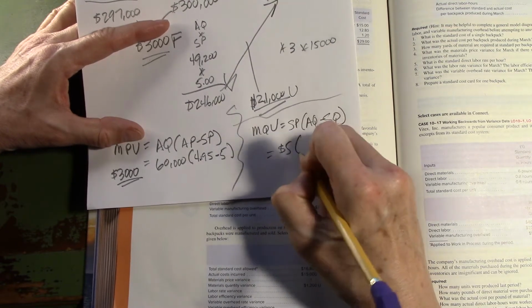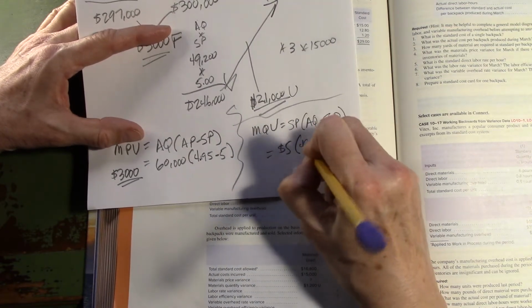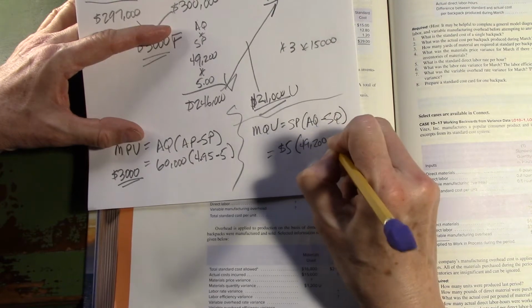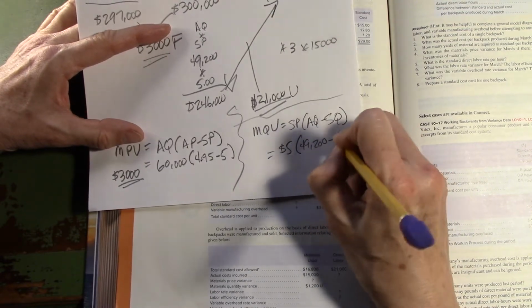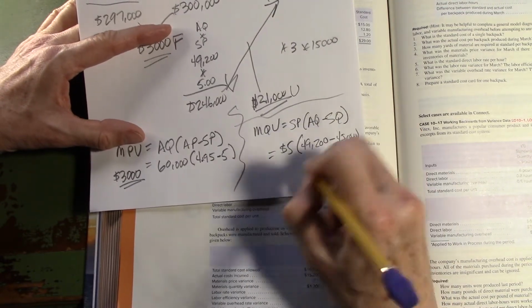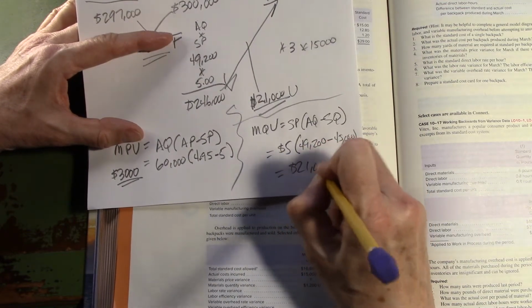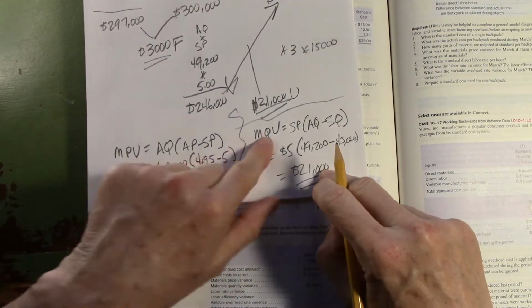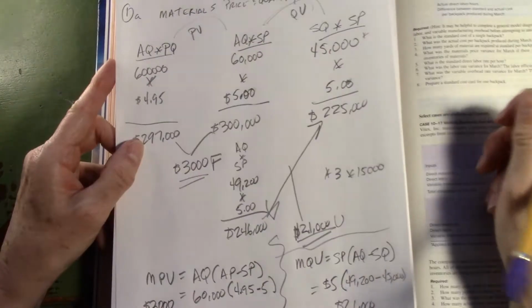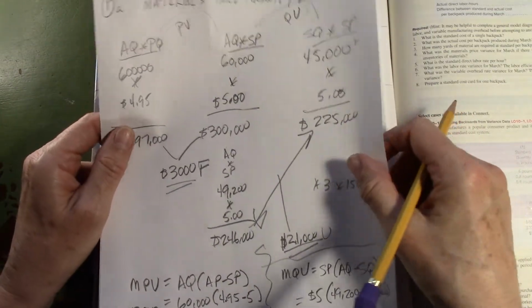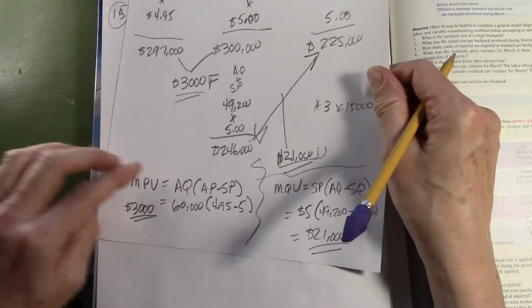The standard price is 5 times 49,200 minus 45,000, and that is equal to 21,000. I think that's easier than doing all that. All right, so that's our materials price variance.